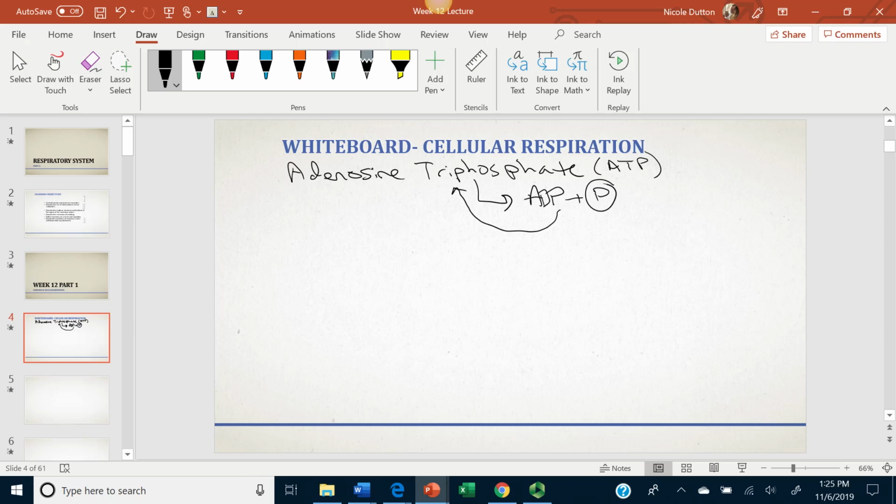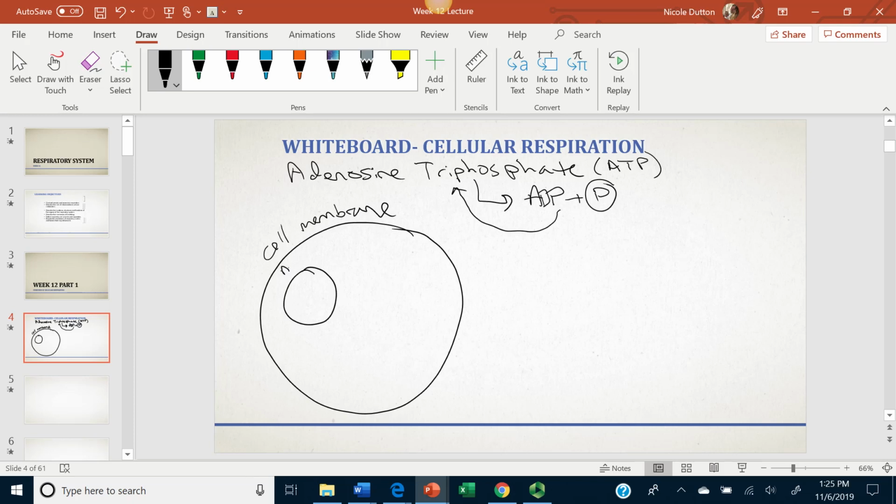So how do we make energy? Well, recall that a cell has a cell membrane. And then in the inside of the cell is the nucleus. And then there's specialized organelles, one of which is referred to as a mitochondria.